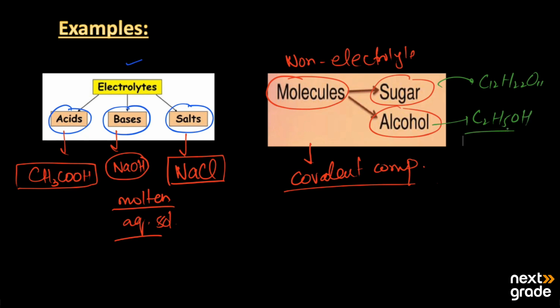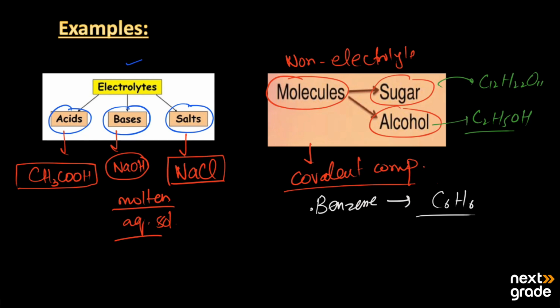As they do not distribute into their ions, they will not conduct electricity. Another example of a non-electrolyte is benzene, and the formula of benzene is C6H6. These types of substances are called non-electrolytes because they do not conduct electricity.